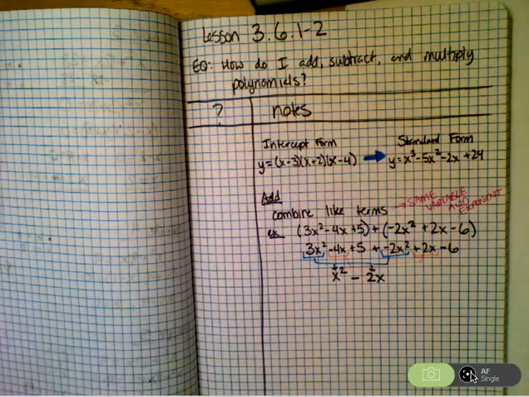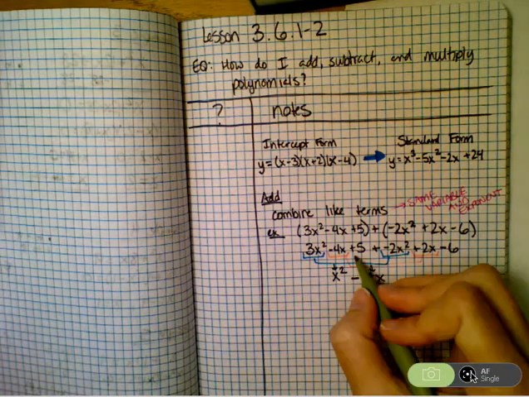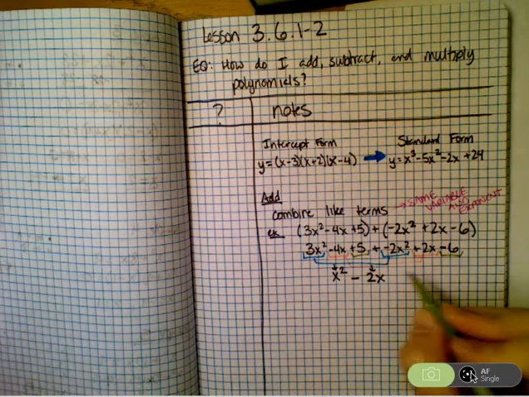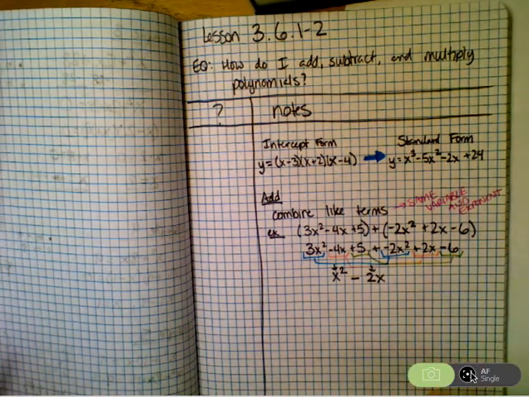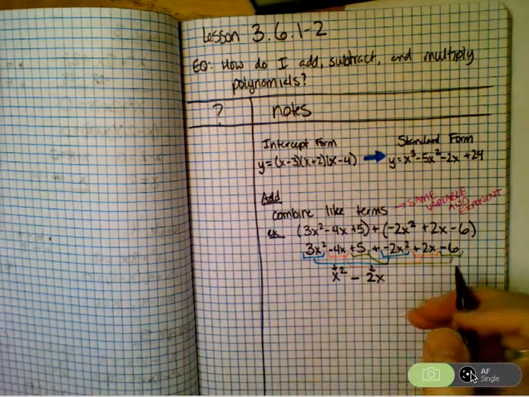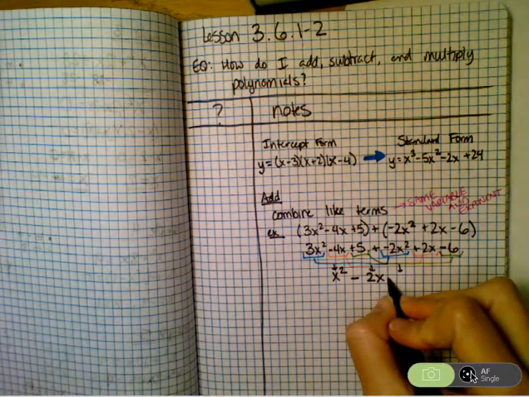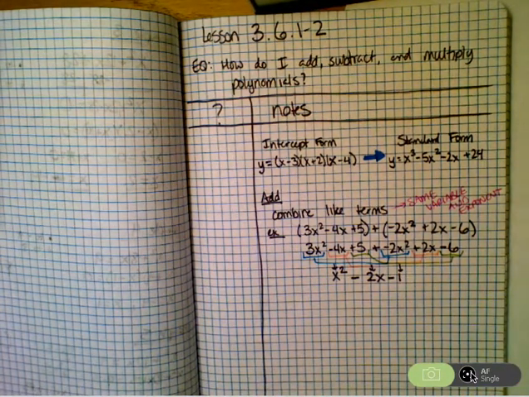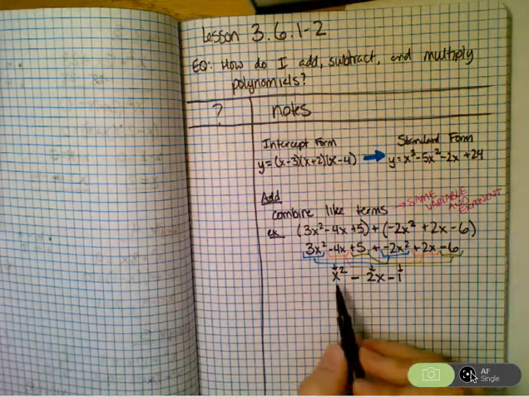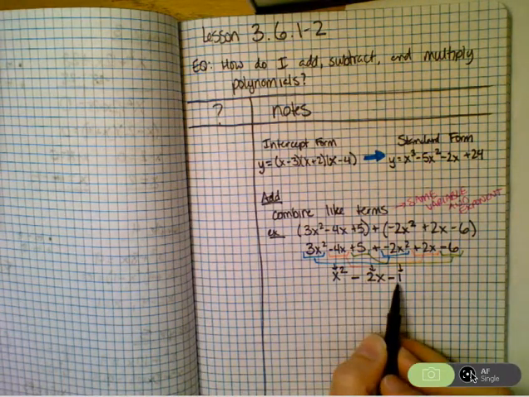And then the last two like terms there are the positive 5 and the negative 6. So we put those two together, and positive 5 and negative 6 together give us a minus 1. So our answer when we're adding polynomials for this one would be x squared minus 2x minus 1.